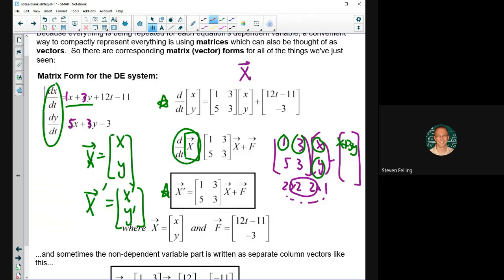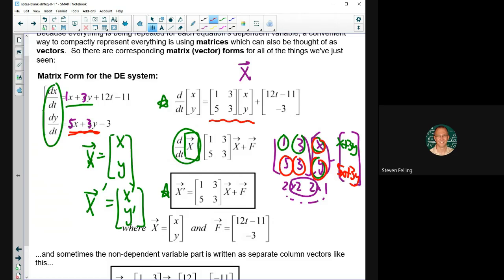We could also say the second element down here is 5 times x. We take the second row of the first matrix times the first column, and so that'd be 5x plus 3 times y, and that recreates the 5x plus 3y. So this structure here replicates this structure here.